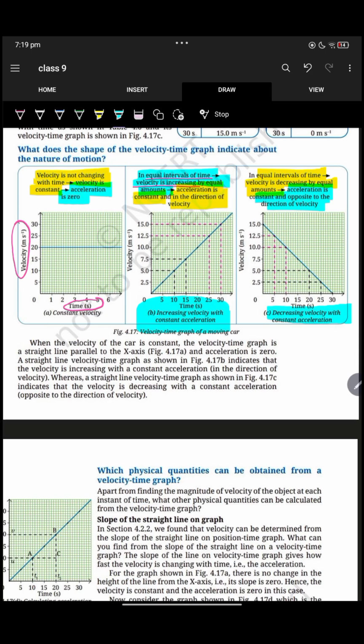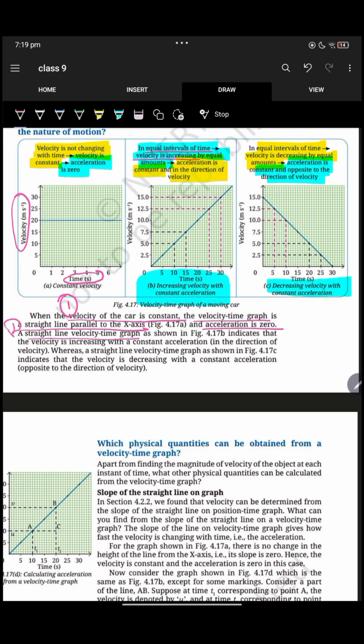So when the velocity of the car remains constant, in the velocity time graph, the graph will have a straight line parallel to the x-axis. This is one case. And acceleration is 0 for such a case. Now, in B, that is a straight line velocity time graph.